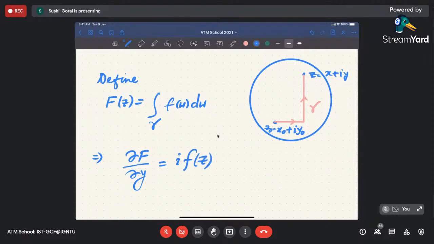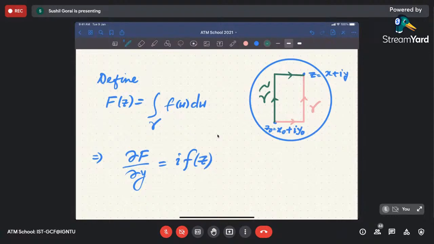Similarly, you could consider first vertical and then go along horizontal. This is, let's say, gamma tilde. And what is this?